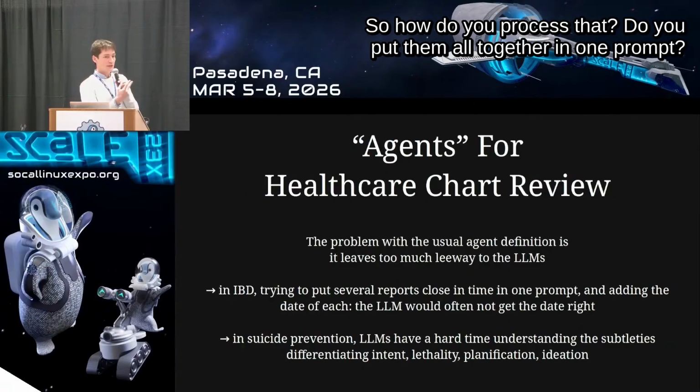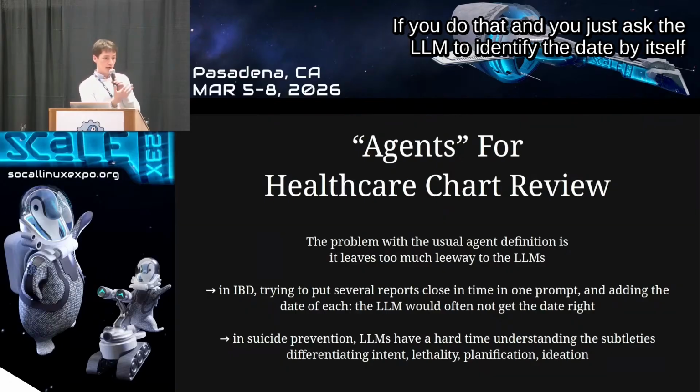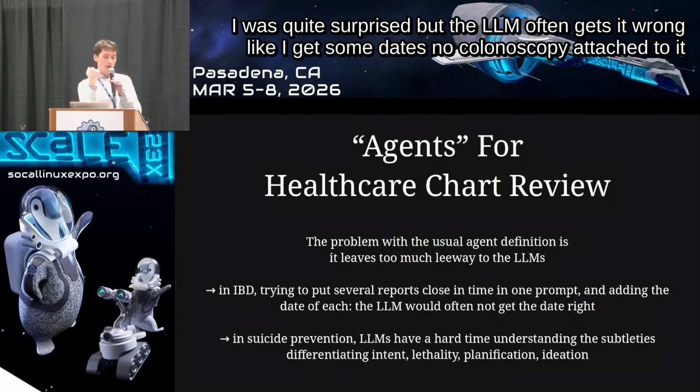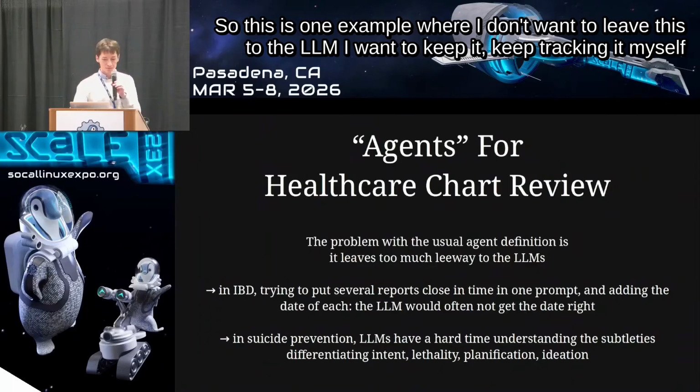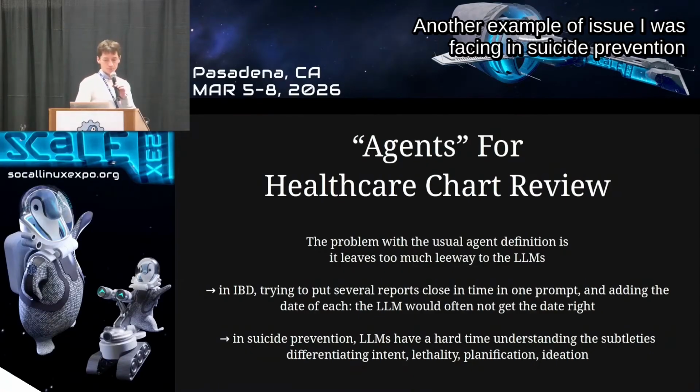How do you process that? Do you put them all together in one prompt? If you do that, and you just ask the LLM to identify the date by itself, I was quite surprised, but the LLM often gets it wrong. I get some dates with no colonoscopy attached to them. So this is one example where I don't want to leave this to the LLM. I want to keep tracking it myself.